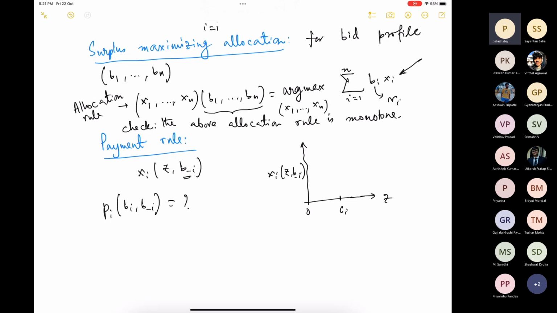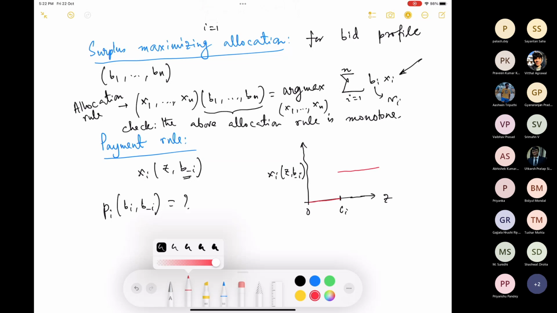So this allocation really looks like it is 0 till a certain value, and once it's crossed that value, this item will be picked. This is one form. These xi's are 0, 1 values.